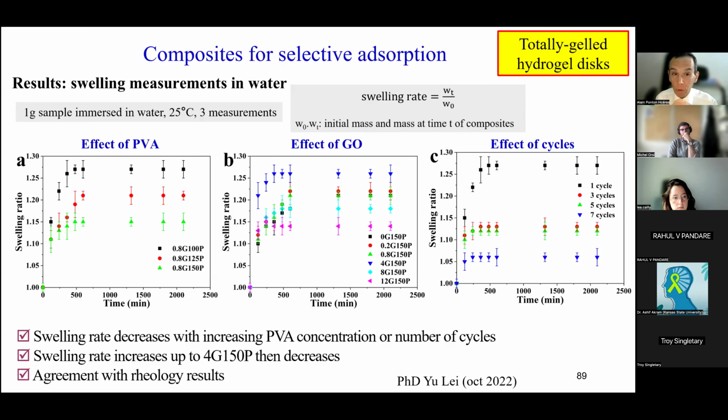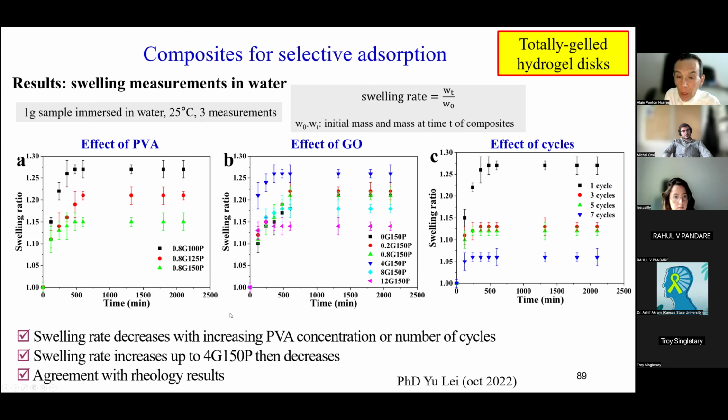We study the swelling in water, and in good agreement with mechanical investigation, the increase of swelling is most important by increasing the concentration of graphene oxide.